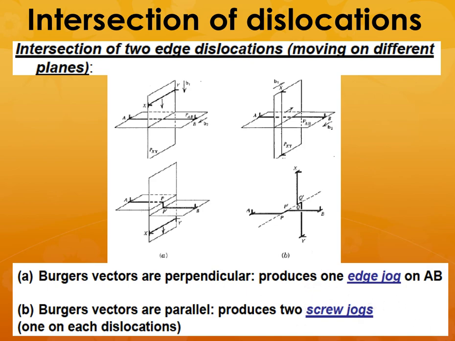But if there are two screw dislocations, they would rather combine and cancel out each other.